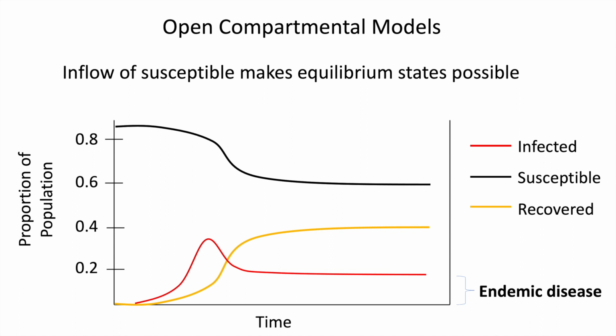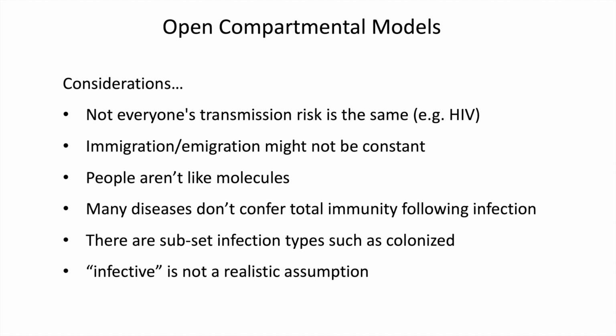So some other considerations with compartmental models, and after this is just a little bit of a summary, but after this I'm going to describe with an example a little bit of how this is actually carried out with simulations and how it's applied. But some other considerations are not everyone has the same risk of transmission.